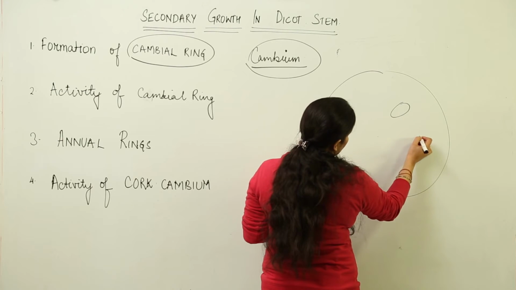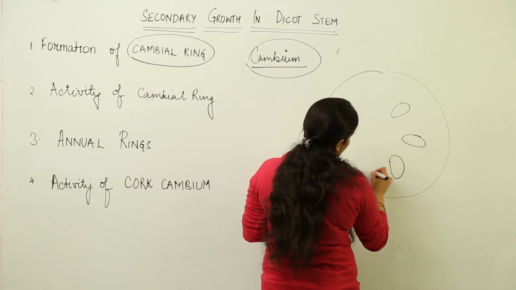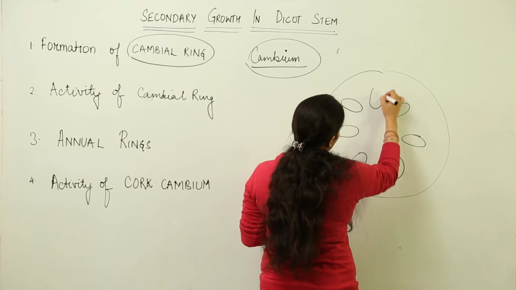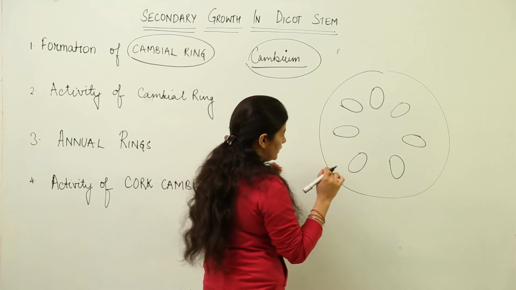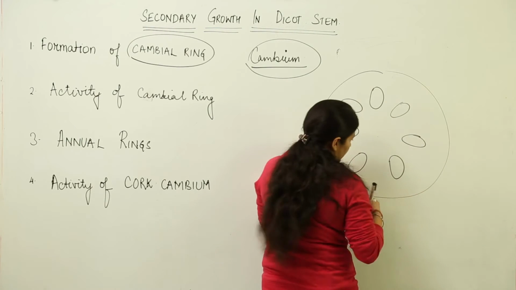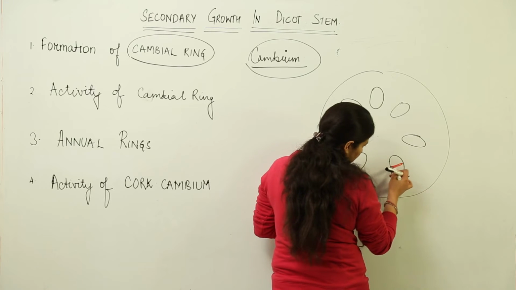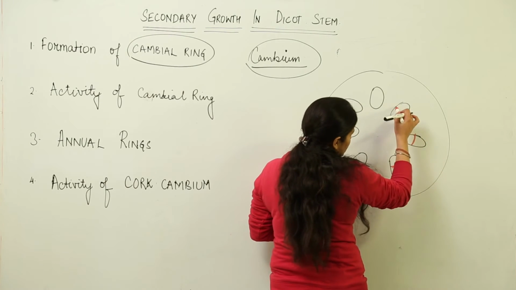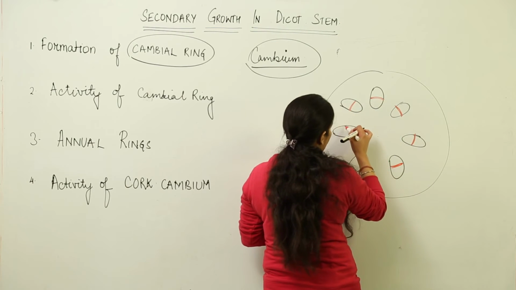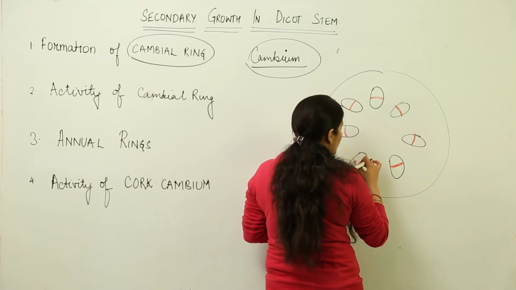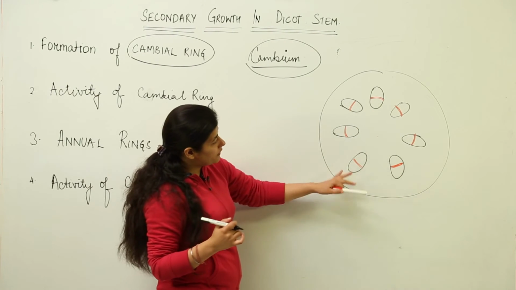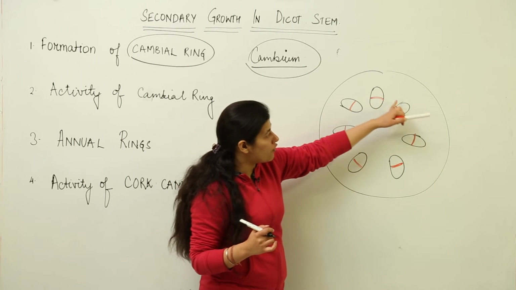Let's talk about these as the vascular bundles. This is what a Dicot stem looks like. Apart from the wavy endodermis and the rest of the things that you have discussed, this particular region, as I am marking in red color, is the cambium. These egg-like structures that I have drawn are the vascular bundles, and because I have to show them as open vascular bundles which are responsible for secondary growth, these open vascular bundles have this patch of cambium.